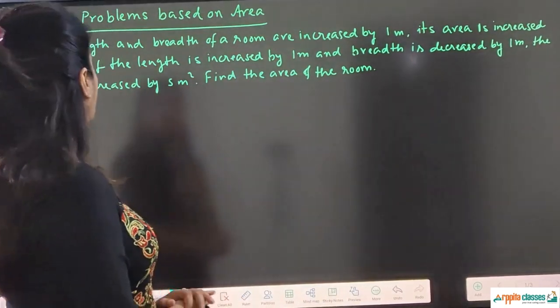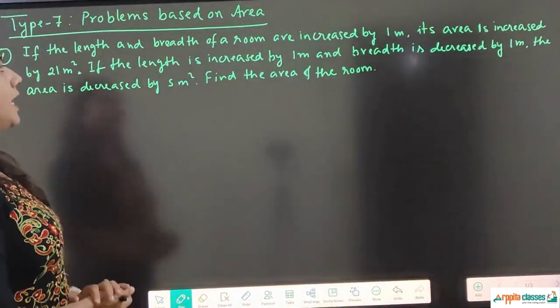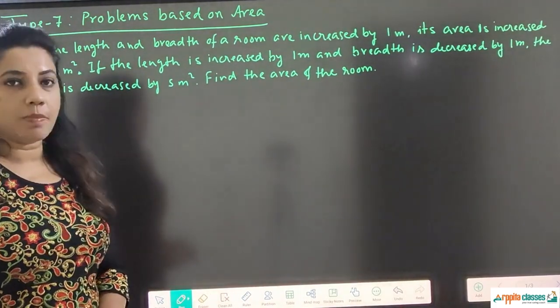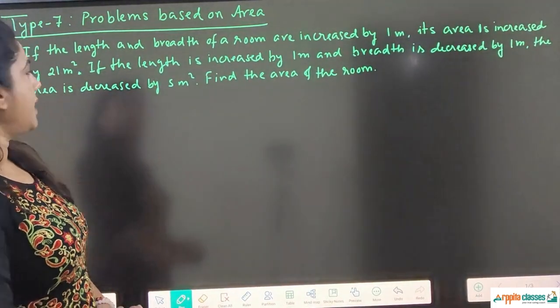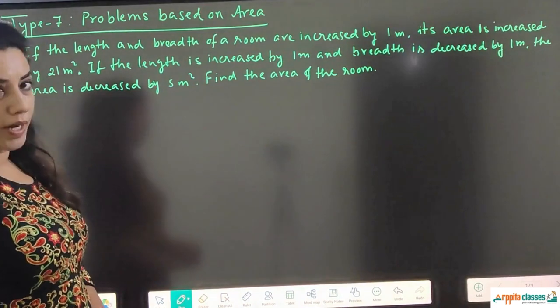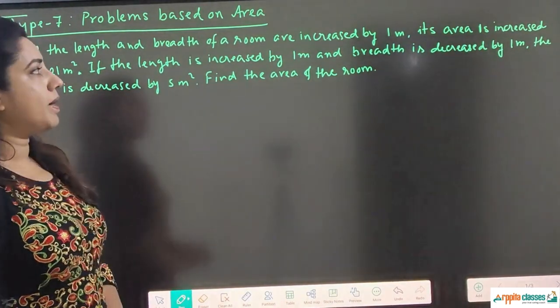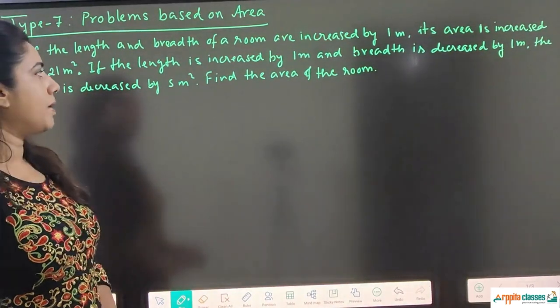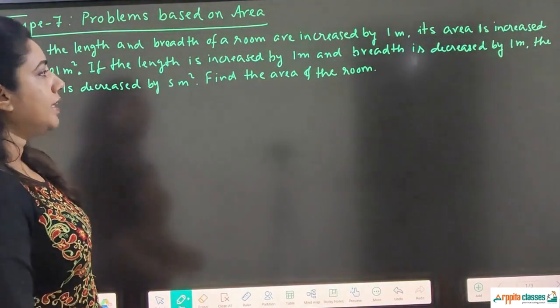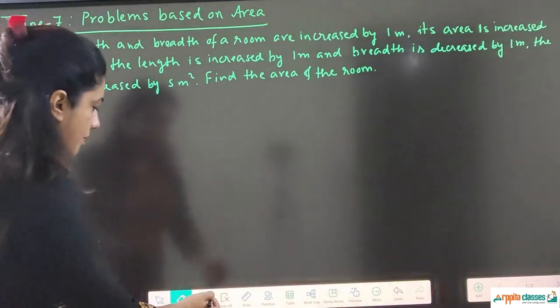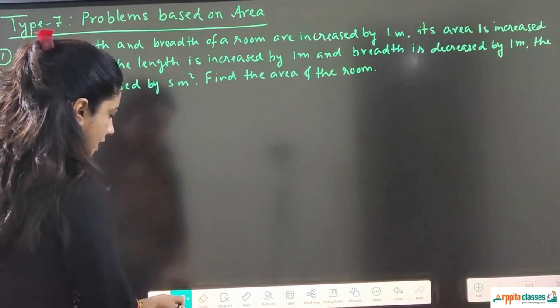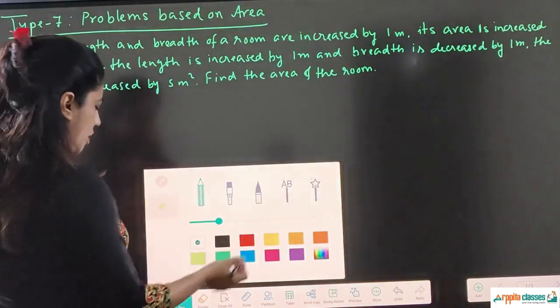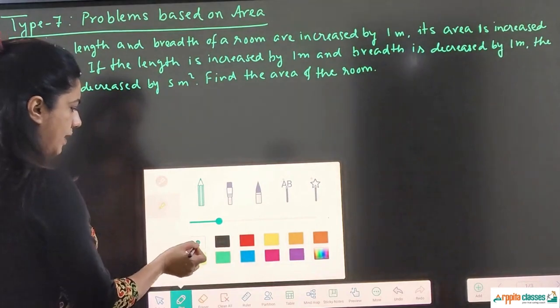Okay, so the first question is, if the length and breadth of a room are increased by 1 meter, its area is increased by 21 meters square. If the length is increased by 1 meter and breadth is decreased by 1 meter, the area is decreased by 5 meters square. Find the area of the room. Basically, it can be find the length and breadth of the room, or area of the room also they can ask.